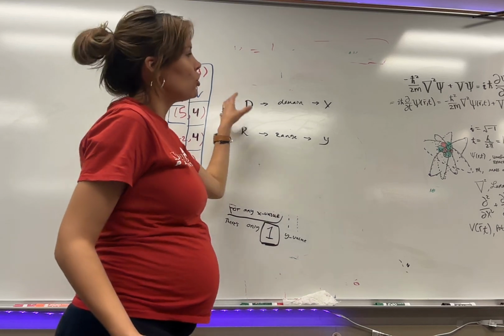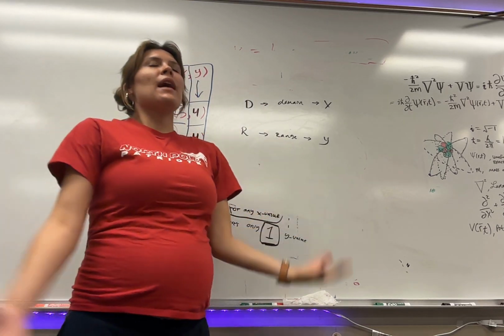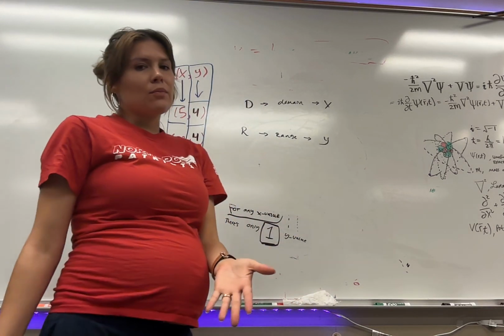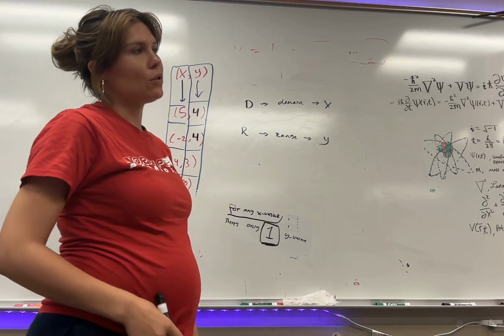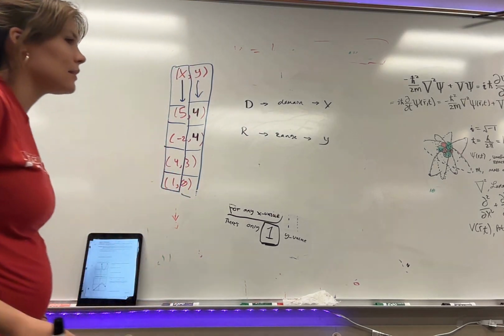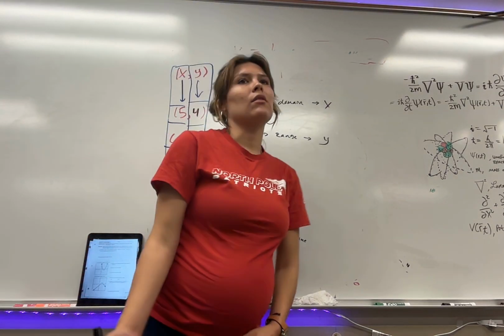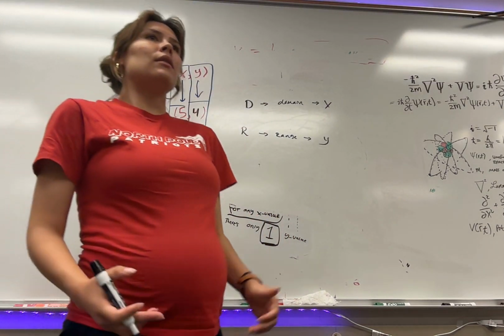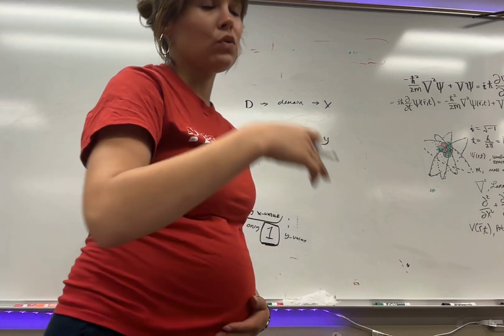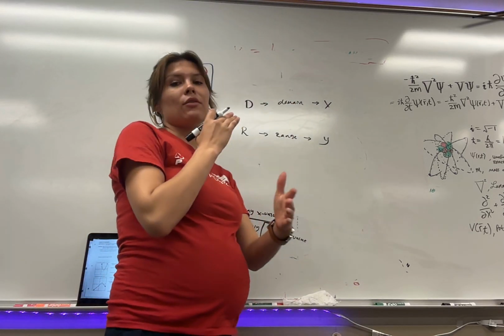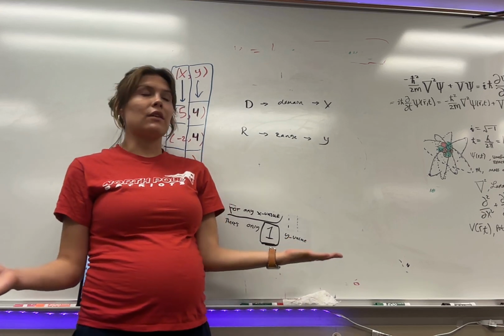Domain refers to all of the possible values that X is allowed to be. We'll see in later problems why exactly we have restrictions on the domain. Quite often it's due to us not being allowed to create an undefined equation.